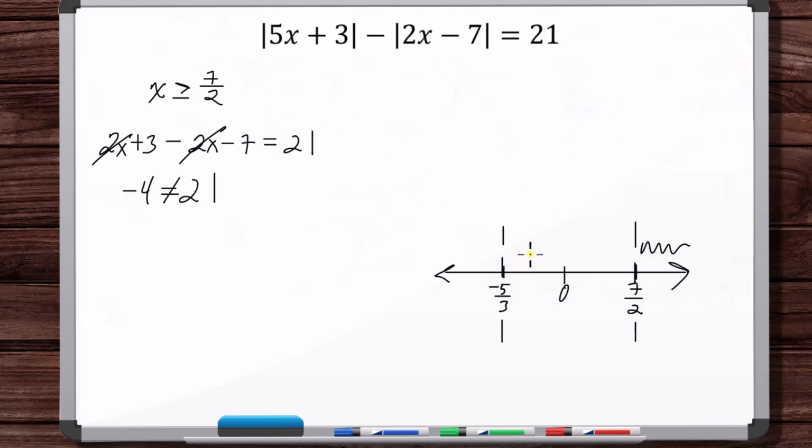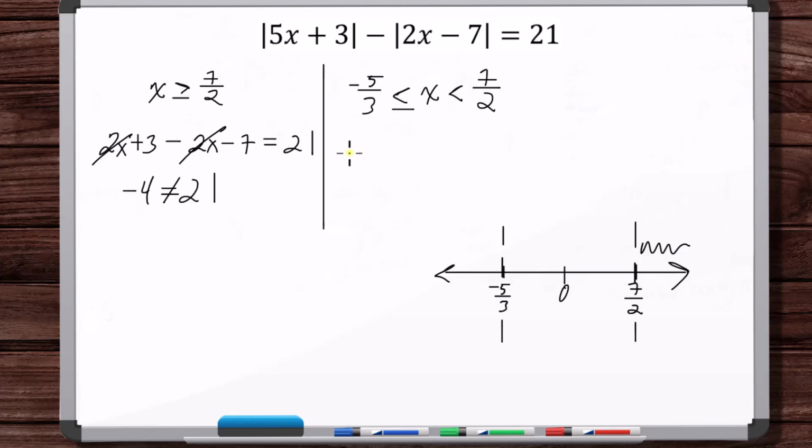Let's keep going. So now we'll do x is less than 7/2, because the way we simplify absolute values in general is that if this is negative, but not equal to 0, just negative for any x value we plug in, then we just remove the absolute value and put a negative out front. Okay, and then we'll do greater than or equal to minus 5/3 here, because that would make this 0 or positive.